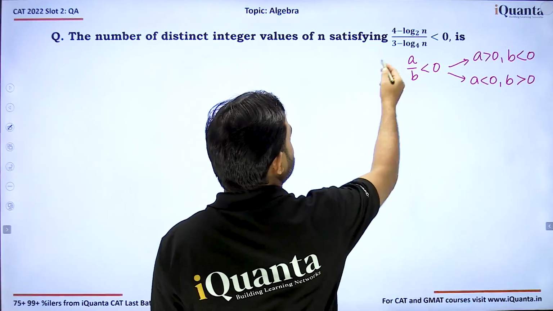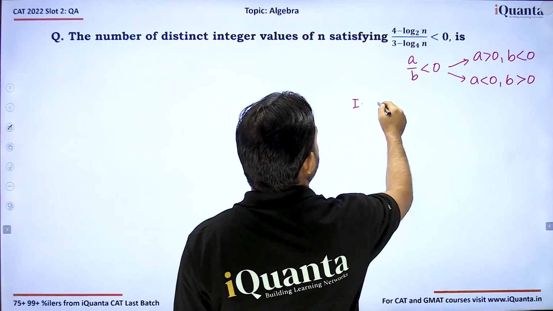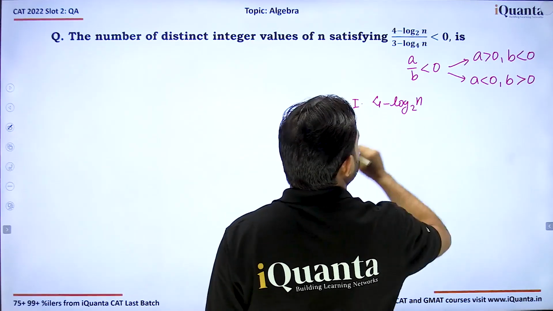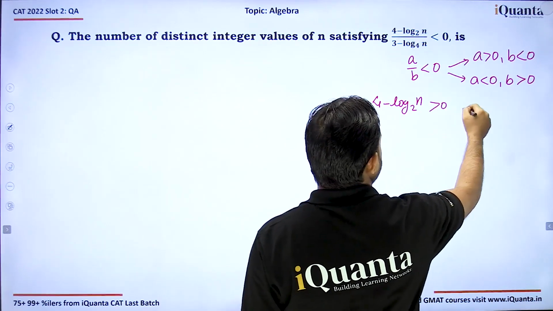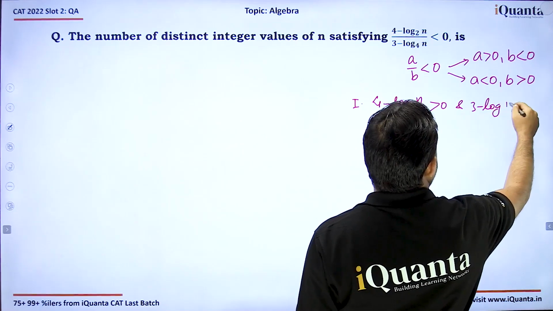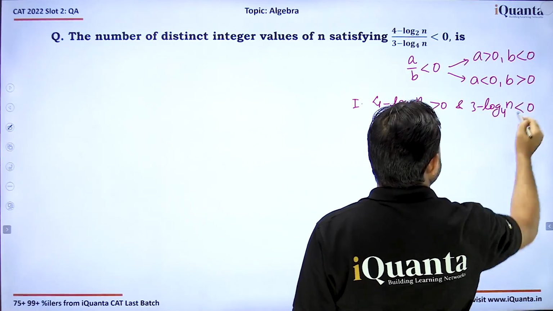So let's try to consider the first case where 4 minus log n base 2 is greater than 0 and 3 minus log n base 4 is less than 0.